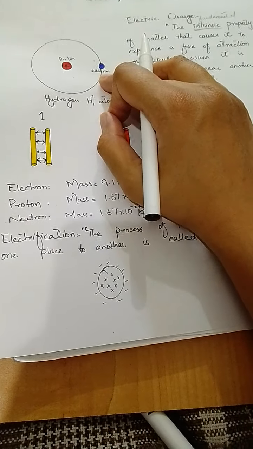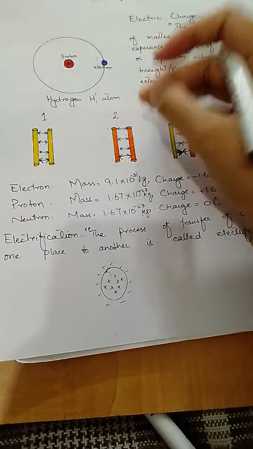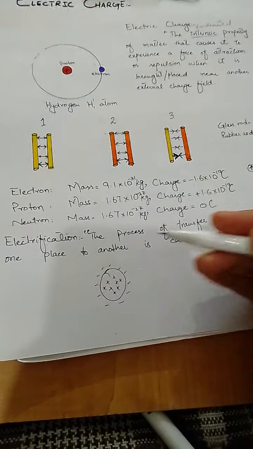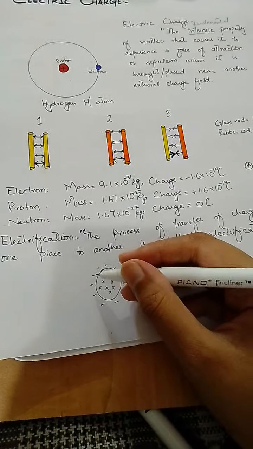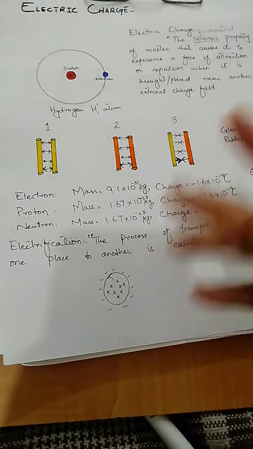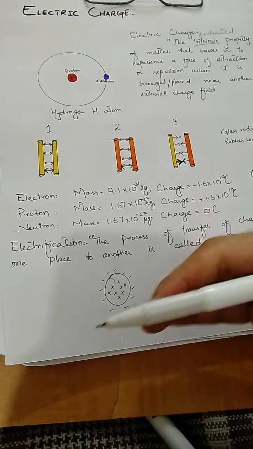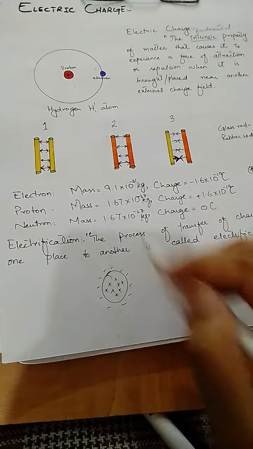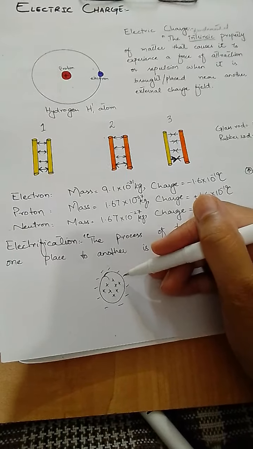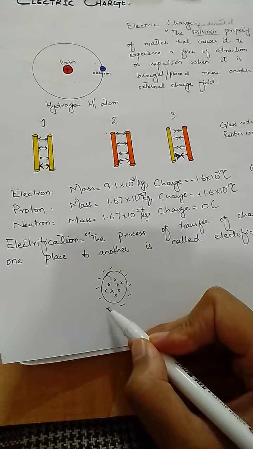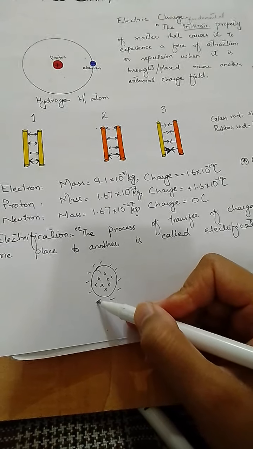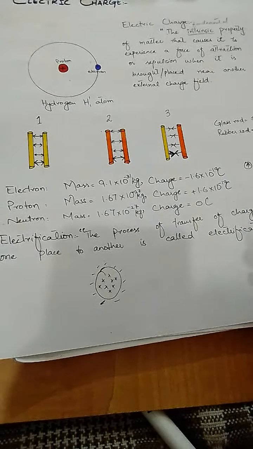The electron can move, and electrons are the basic reason why charge is transferred from one place to another. So in most of the cases, the electrons would transfer to the surface, creating an electrified object. Okay, so charge here is not being created. It is just transferred from the inside of the ball to the outside of the ball, right?